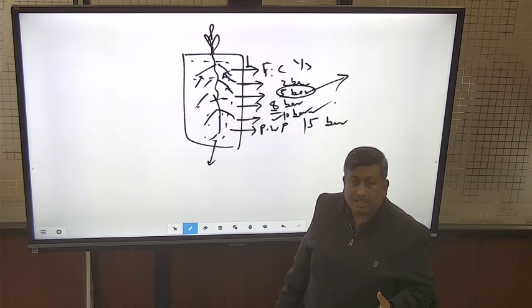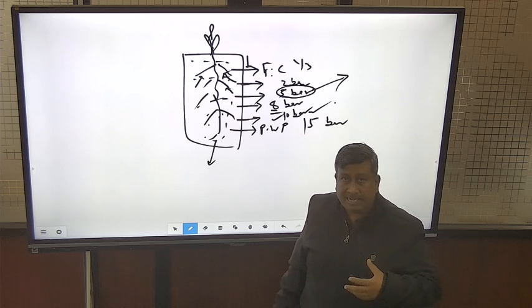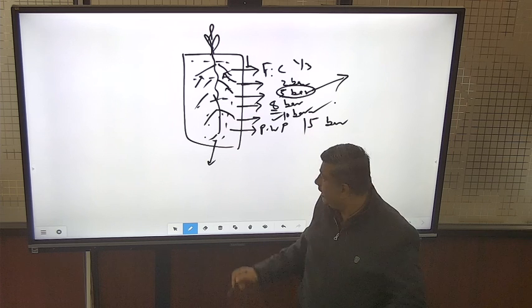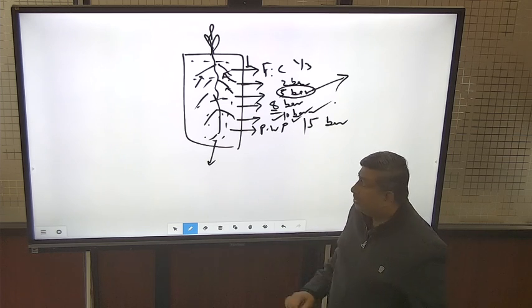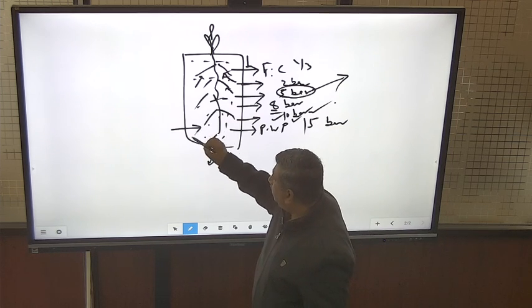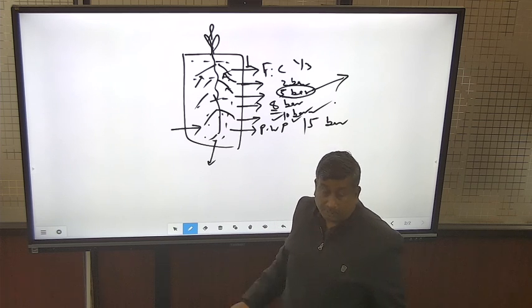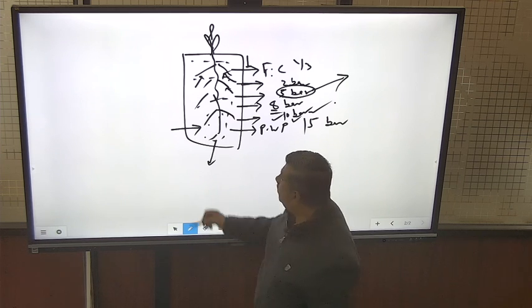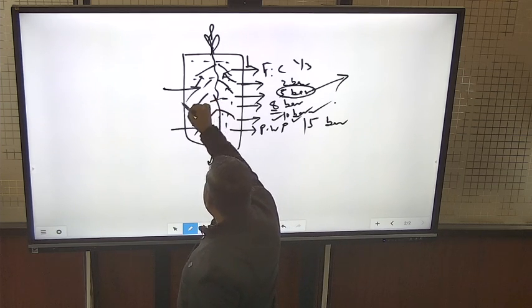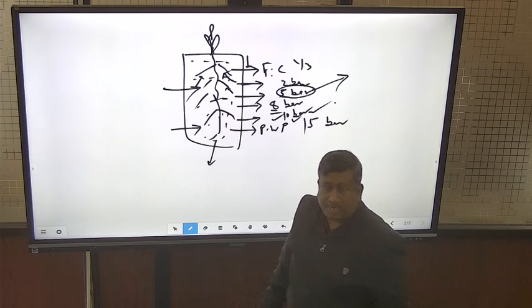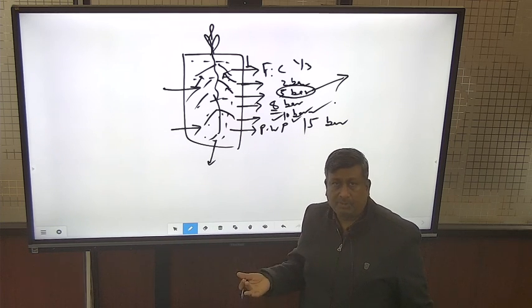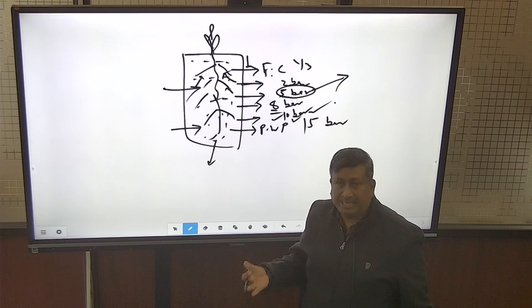If a plant can tolerate drought, it means it has the capacity to extract the moisture even at high pressure, then irrigation can be given at this point. If the plant is moisture sensitive, then irrigation is given at a low pressure, meaning if it reaches about 3 bar or 4 bar, then we have to apply the irrigation.